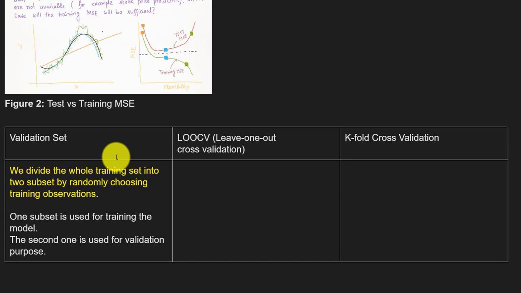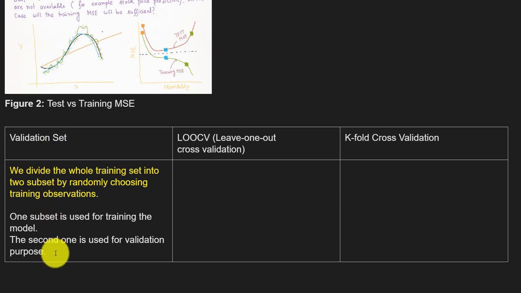You train the model using the training set, and using the other subset of the data you calculate the MSE values. For whichever model the MSE value is lower, you choose that model for your data.